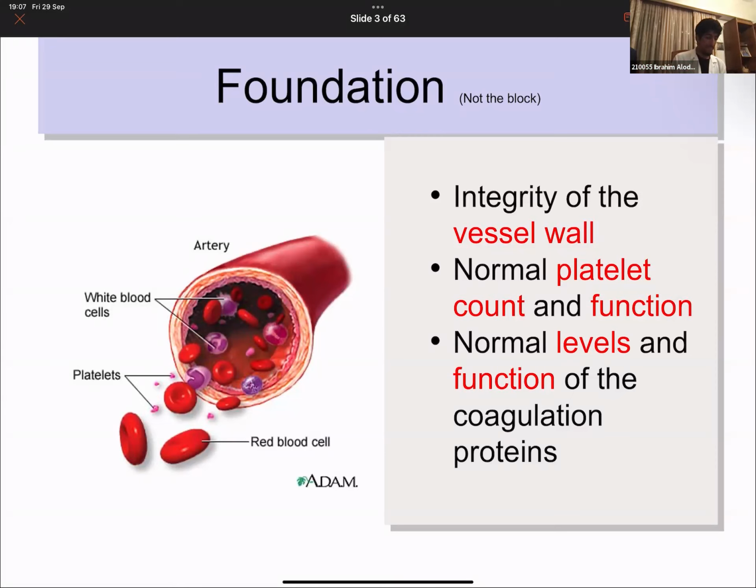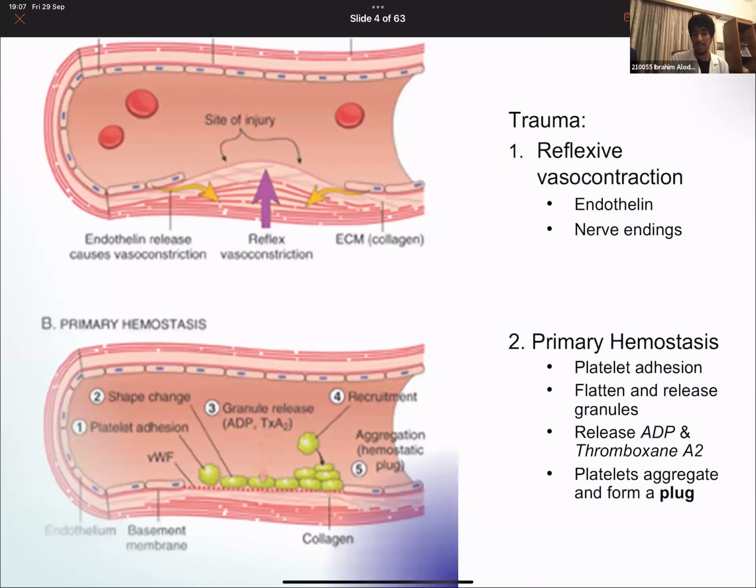All right. Now, first, let's talk about what happens when you have an injury, and how this entire process is going to start. The first thing is the trauma occurs. Let's say you fell and scraped your knee. You're going to start bleeding. The very first thing our body does, before even hemostasis begins, is something called reflexive vasoconstriction.